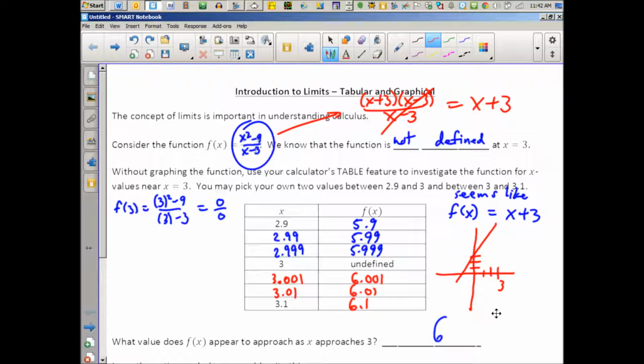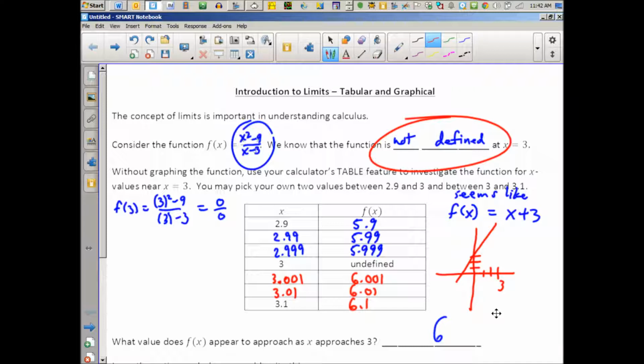What's the very first thing I said in this problem? I said it was not defined. See? So right here at x equals 3, I need to open it up and make a little hole in the graph. This is the answer. This is the graph, see? It's the line x plus 3, but it's missing one point. And that point is the point (3, 6). The point (3, 6) is a hole in the graph of y equals x plus 3.